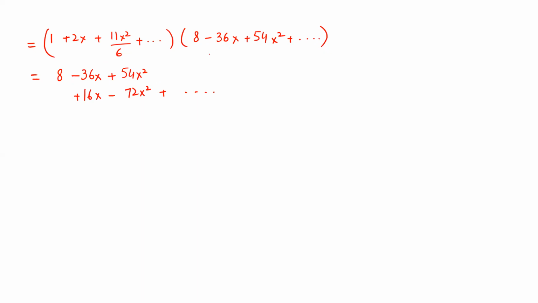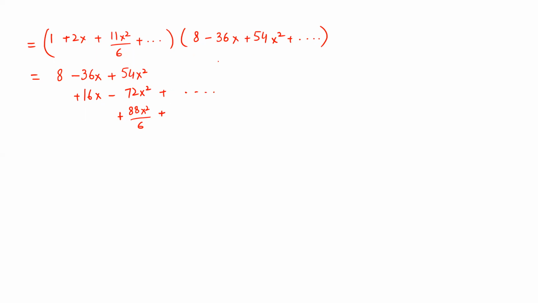Then 11x square over 6 into 8 gives 88x square over 6, which comes out with a positive sign.